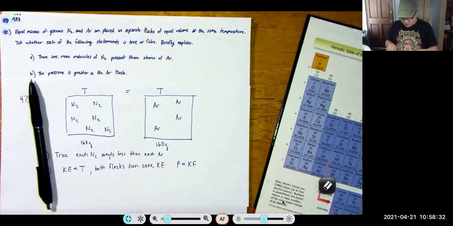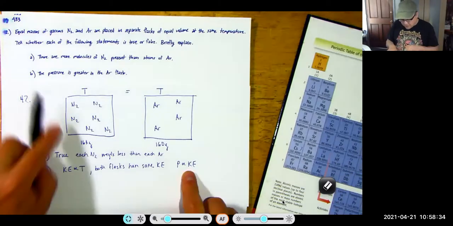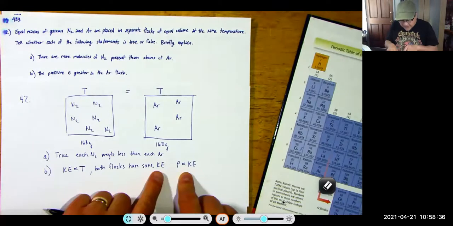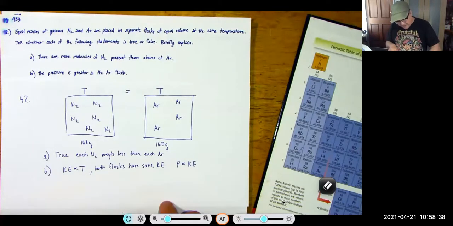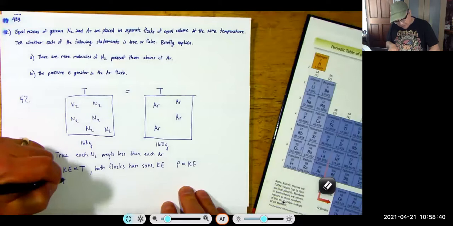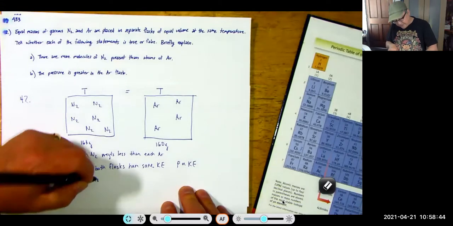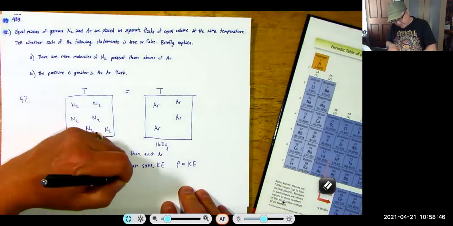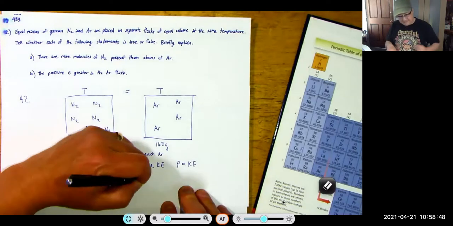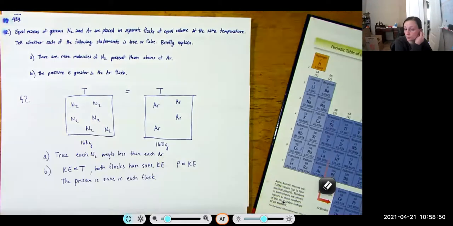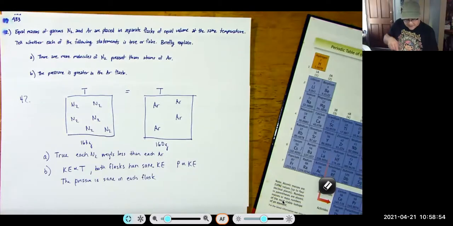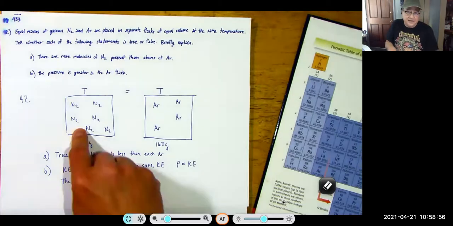Okay. So here, because the pressure's proportional to the kinetic energy and each has the same kinetic energy, the pressure is the same in each flask. So we wouldn't consider the amount of moles, the difference in that? You don't need to, because again, these guys are small and these guys are big.